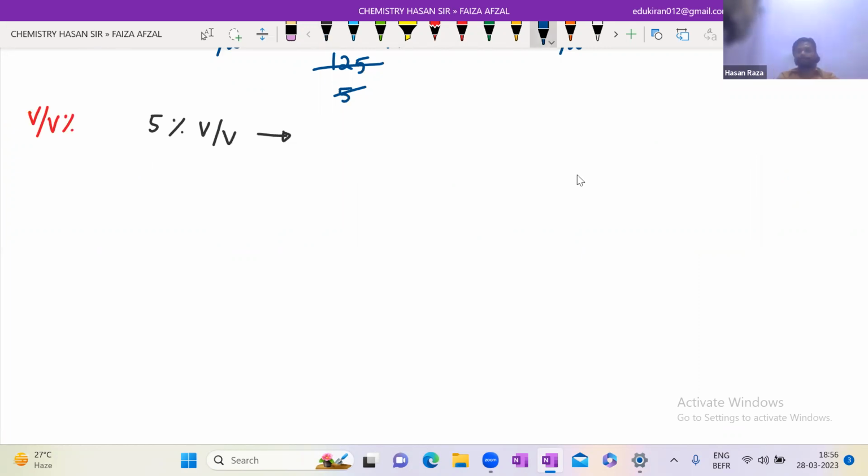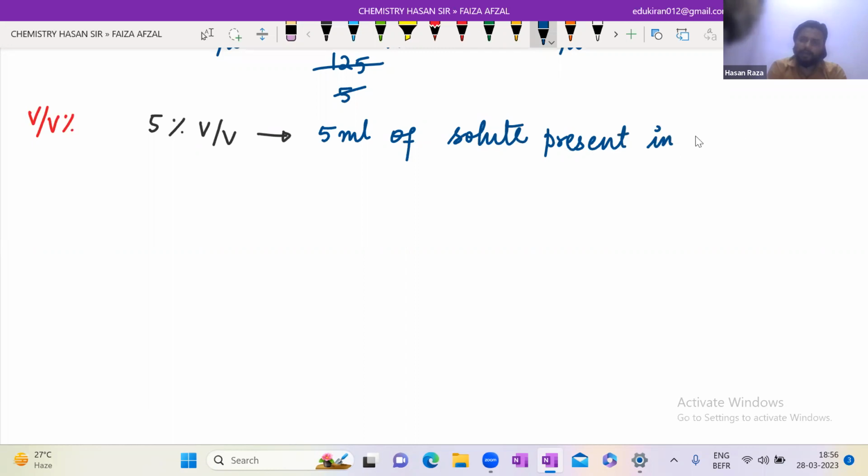What does this mean? 5 ml of solute present in 100 ml of solution. Very good. 5 ml of solute present in 100 ml of solution.